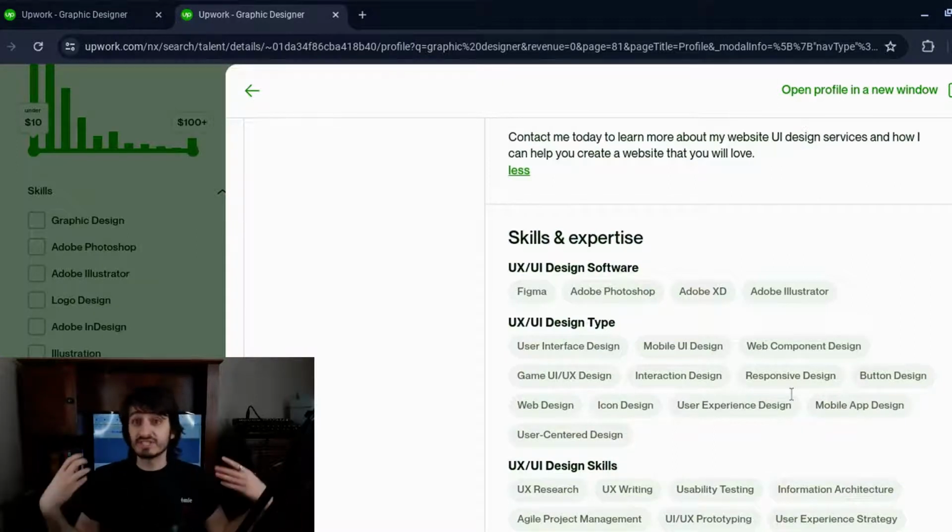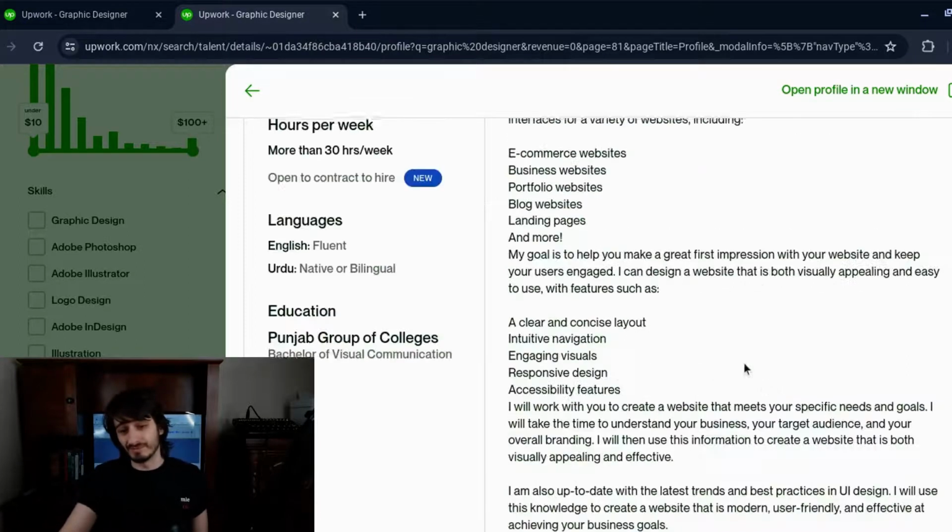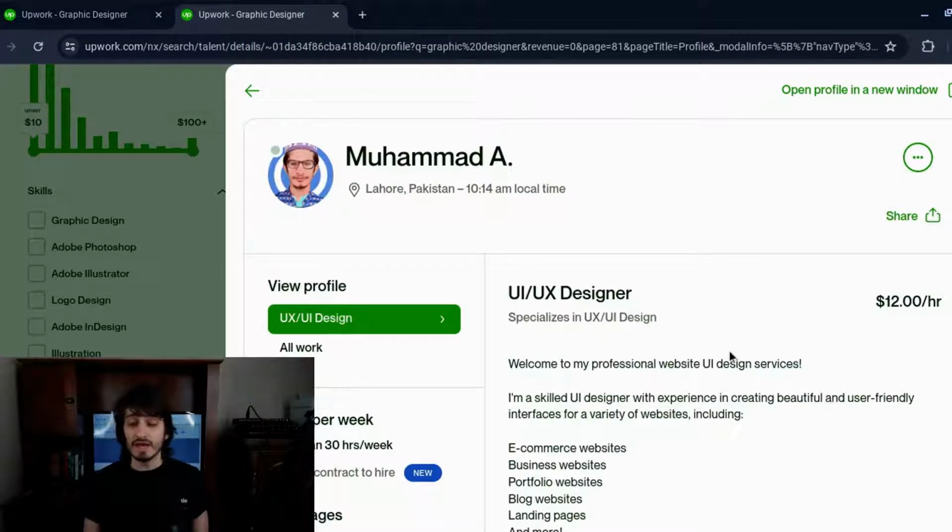And when clients receive proposals, and let's say they receive 10 proposals, well, if 2 or 3 people like Mohammed here apply without a portfolio, the client is just going to look at the other 7 who do have a portfolio and choose between them. They're not going to give you a chance when they can clearly see other freelancers who have applied who do have a portfolio that proves that they can do good work.